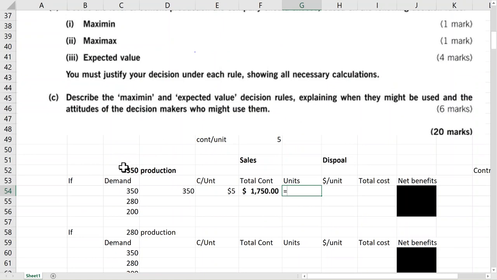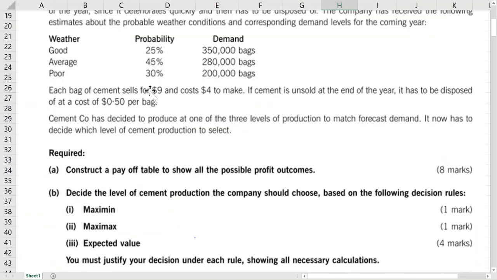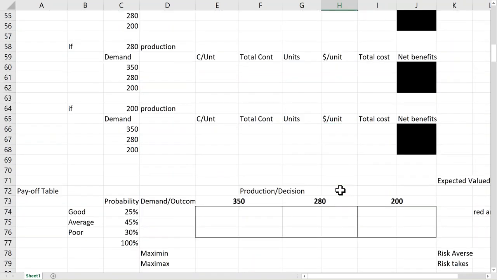If we produce 350 and we sell 350, then nothing will be left. It means nothing has to be disposed. And the cost of disposal, they said, is 50 cents. But remember, it also costs $4 to make.